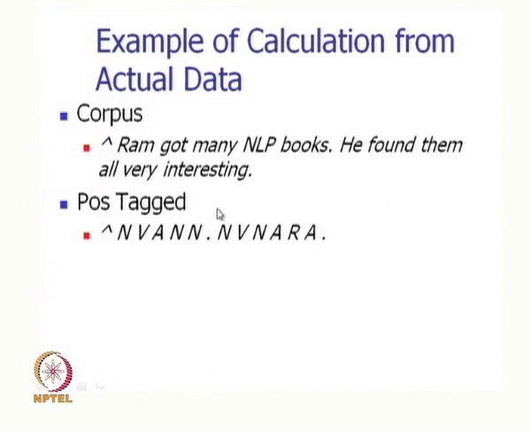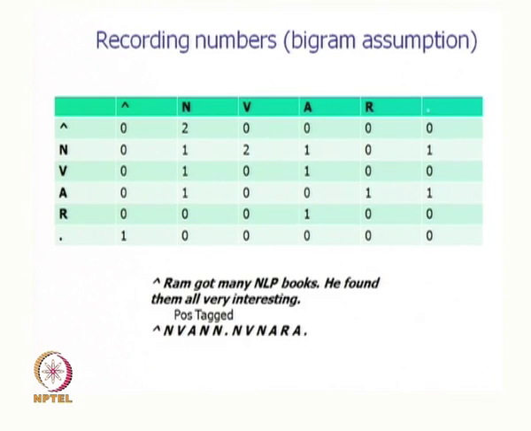Okay. Therefore, we have recorded in the table, in the cell for N as the column and hat as the row, 2. How many times do we have a verb preceded by a hat symbol? That means, is there any example of a verb beginning a sentence? In the corpus, there is no such example.